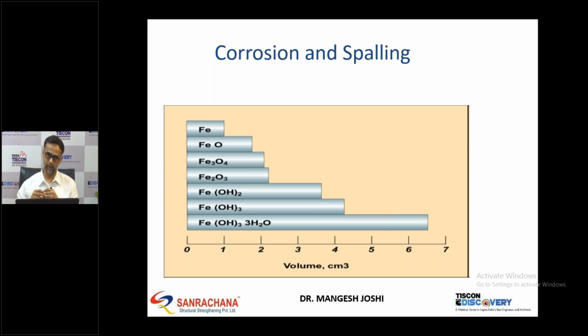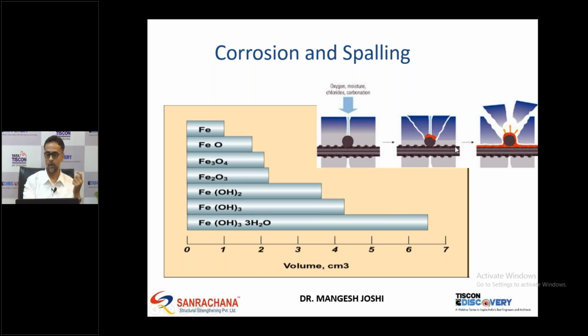Concrete is a strong material in compression, but it's not that strong in tension, and it cannot accommodate this type of high expansion in volume, and we can see it start exerting tensile stresses on concrete, and concrete falls. And when it falls, we start seeing this type of exposed reinforcement.